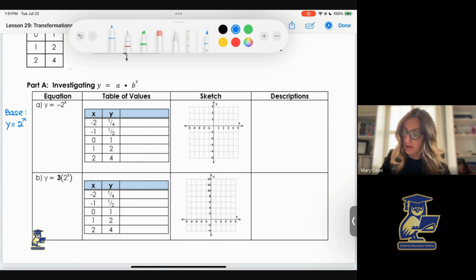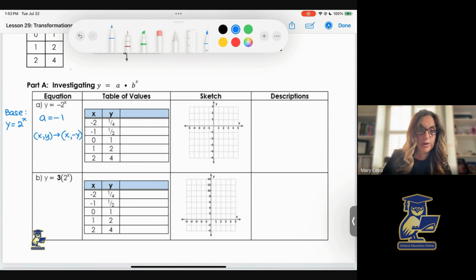With that in mind, we know there's an a value of negative 1 out front. So using mapping notation, that means we're going to take each y value of each coordinate in our parent function and multiply it by negative 1.